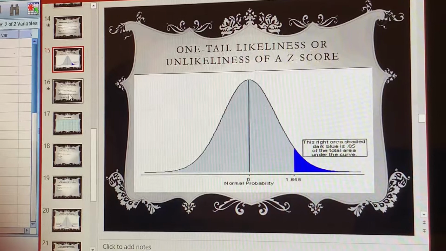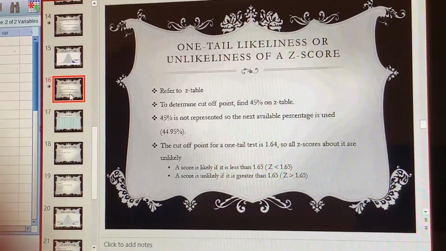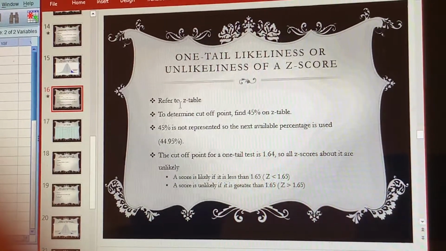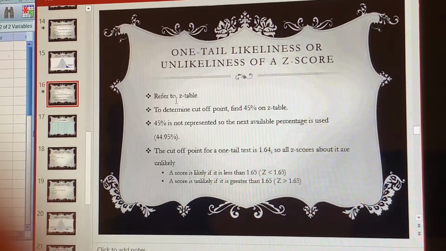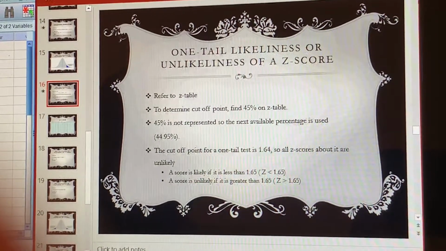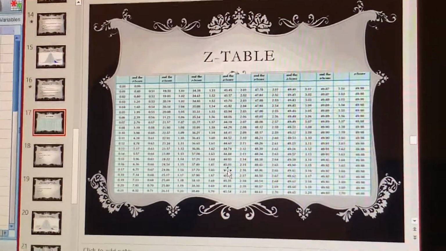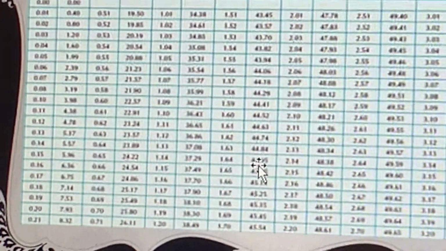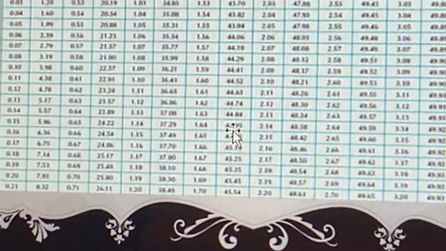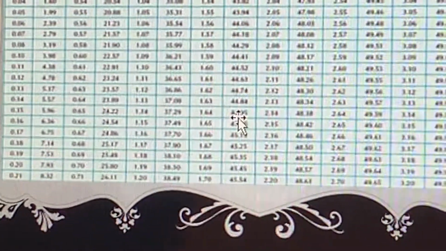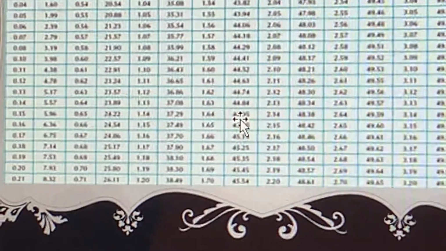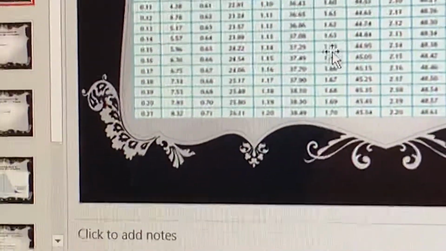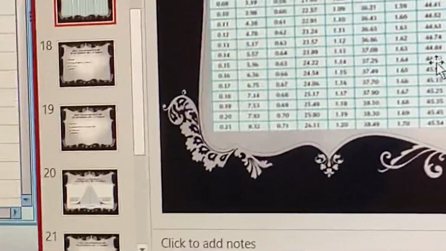So in order to see where you get that value from, you go to 45% on the Z chart, but it does not have 45%. You could find 44.95 and 45.05, but there's no 45 exactly. So this is what a cutoff point would be that was represented in the graphic.